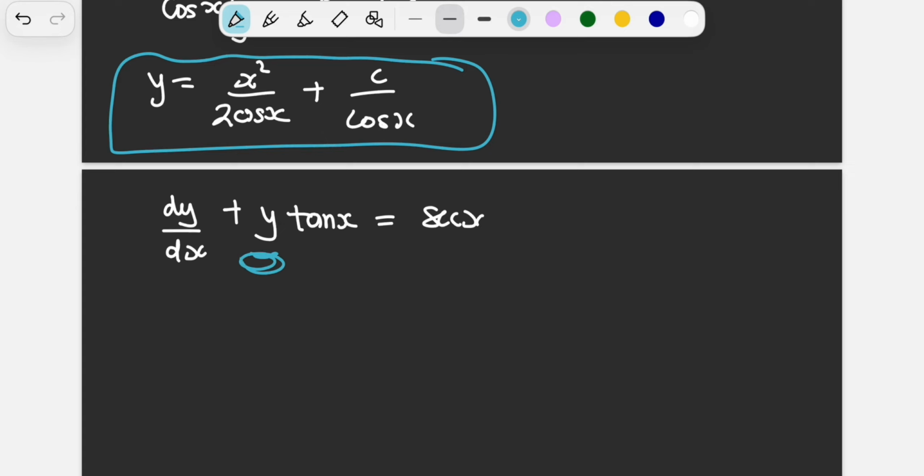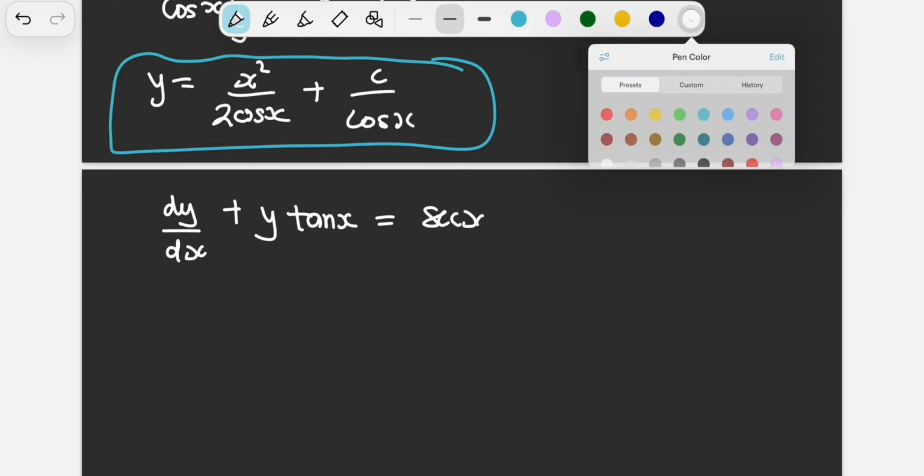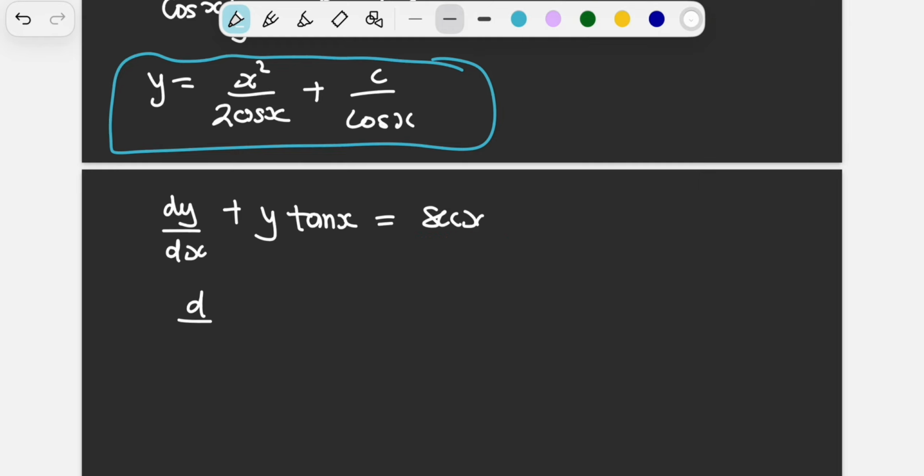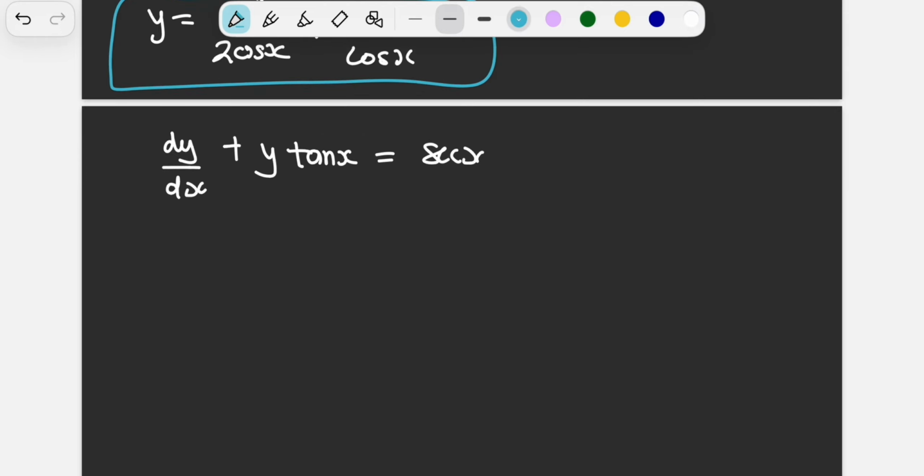Okay, so this looks like we're going to apply the same product rule, but you realize that this is tan x. So if you differentiate y, you do get dy, but if you differentiate tan x, you don't get 1. So you can't really write any expression that you would know in this specific form. This specific form does not exist because p of y cannot be found in this specific equation. So this is where we need to introduce what is known as an integrating factor.